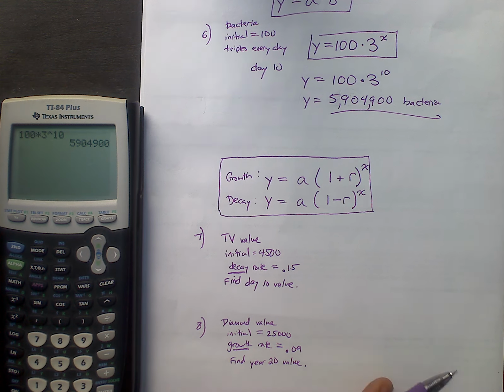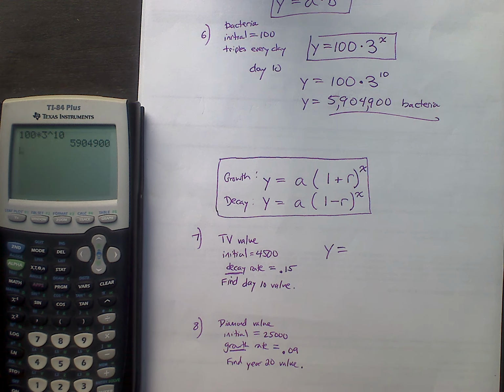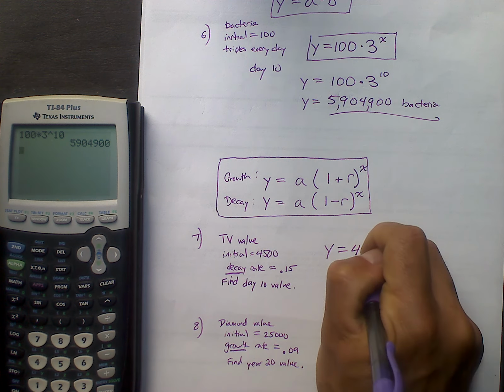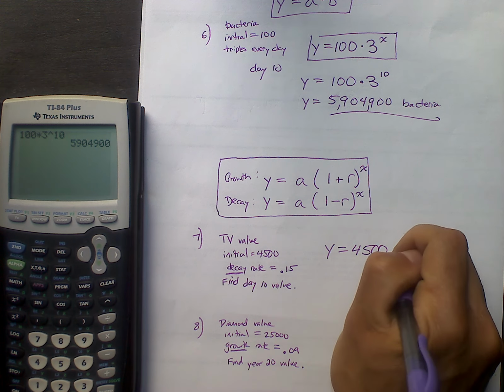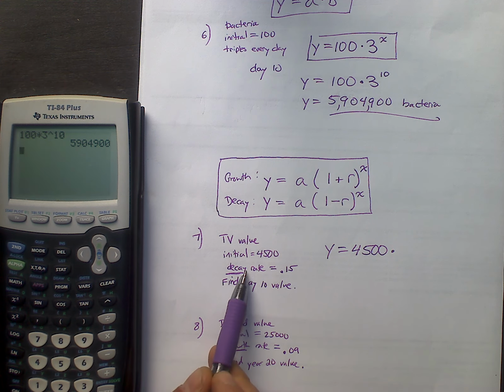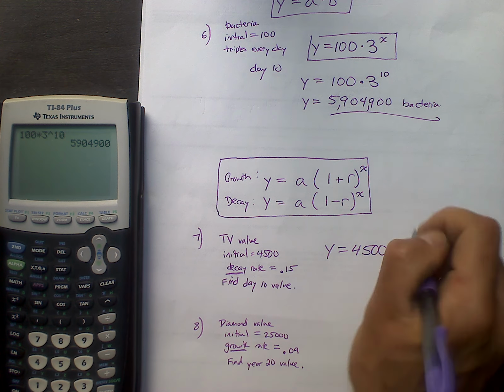Okay, let's take a look at number 7. The value of the TV is initially 4,500. That's an expensive TV, I think. Times, this time the multiplier would have to be less than 1 because the decay rate, they say, is 15%. So I change that to a decimal.